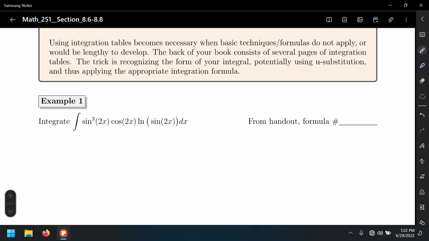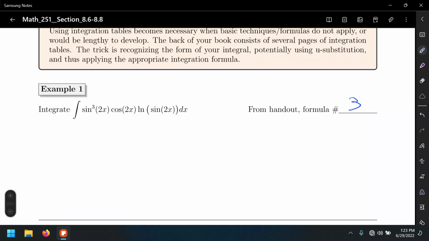Which one? Number 3? Number 3 looks like a good idea. So number 3. What do we have? I know u won't be just x, because if you observe the pattern, we have a sine 2x right here and a sine 2x over there.